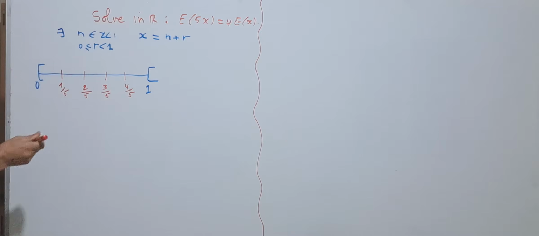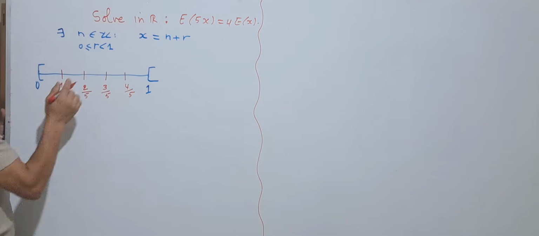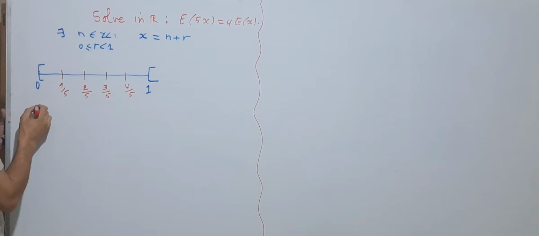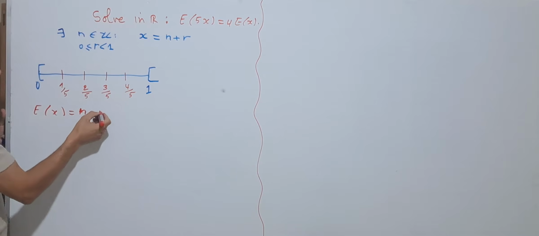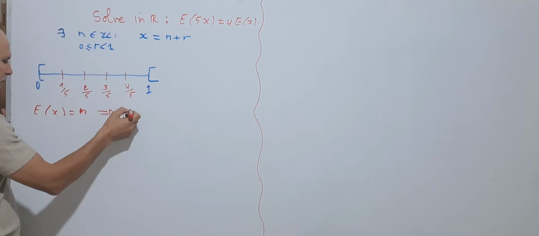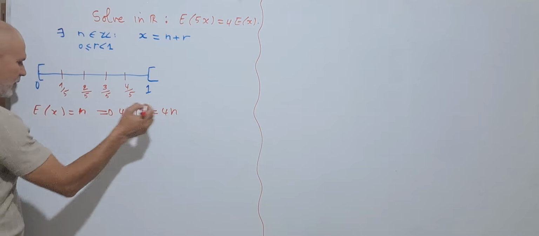What do we get? Since we have this, E of x is equal to n, and so 4E of x is equal to 4n.